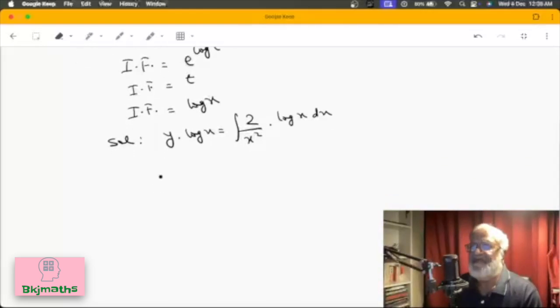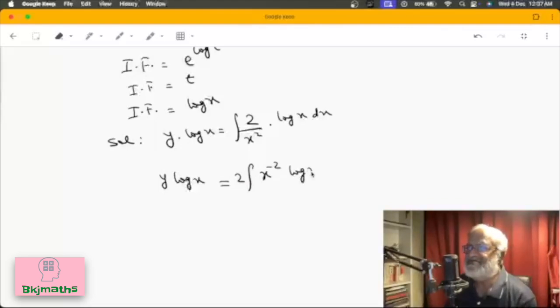So y into log x equals 2, 2 is constant, taking outside. Now integration x to the power minus 2 log x dx. Integration by parts.